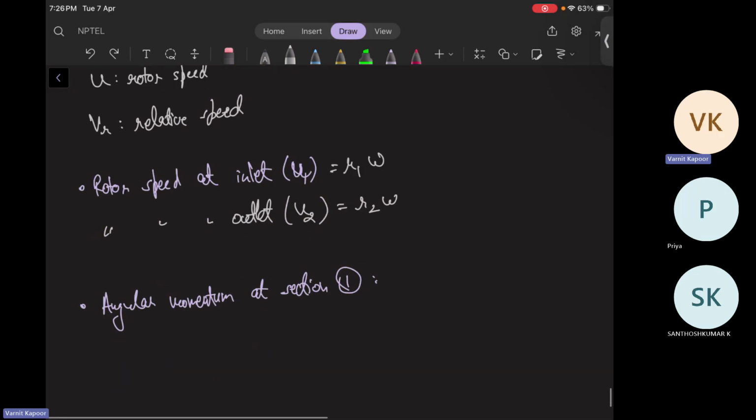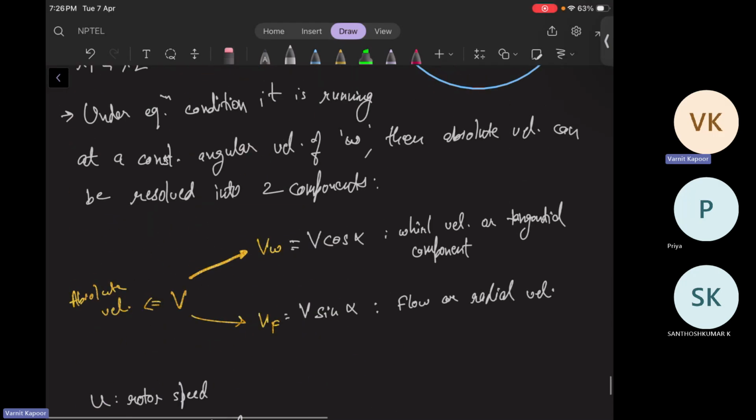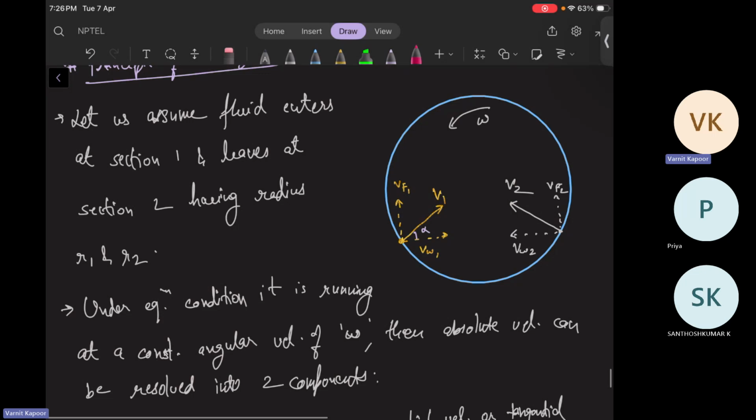So mass flow rate of the fluid which is entering times VW1 times R1. Why have I written VW1, not V? Because VW is the component responsible for change in the magnitude, not in the direction.